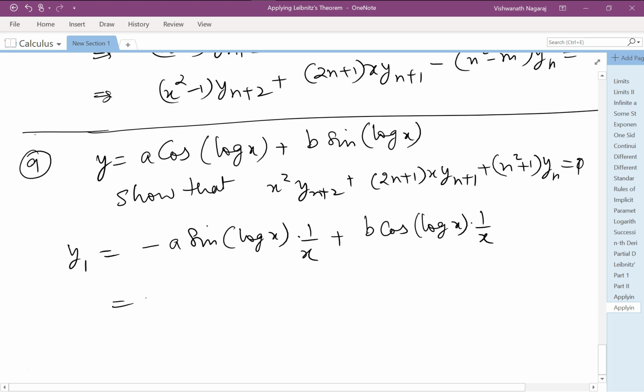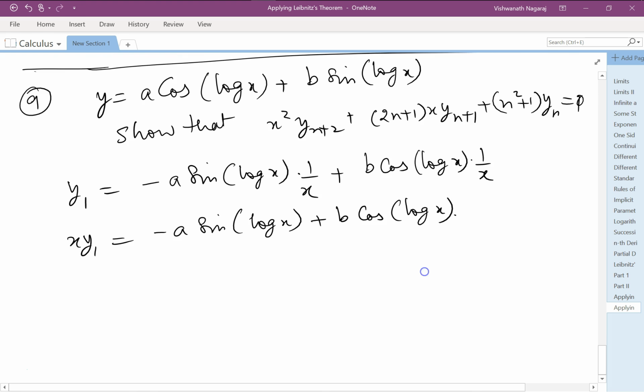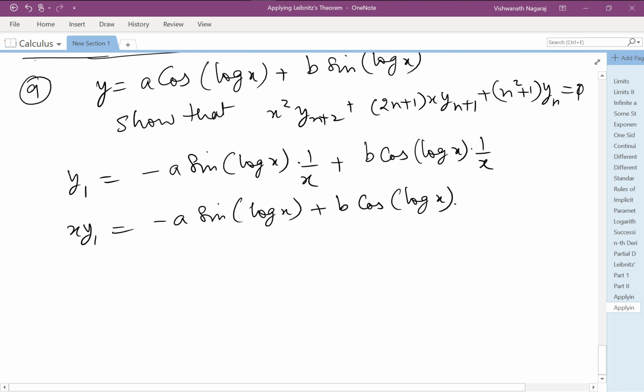So x is anyhow common, so we can bring it to this side, xy1, and we are left with minus a sine log x plus b cos log x. Okay, now let's differentiate once more. And we know how many times we have to differentiate because of this. Okay, let's differentiate once more.